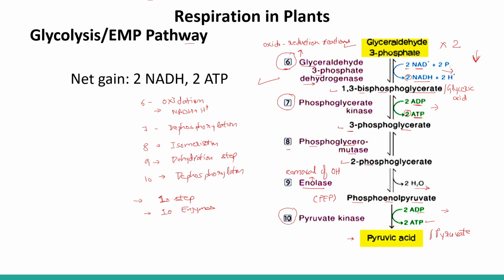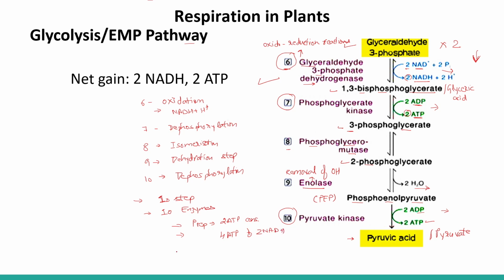Now let's talk about the net outcome, or the net gain, of glycolysis. We know that in the preparatory phase, 2 molecules of ATP were consumed. But later on, 4 ATP were produced, as well as 2 NADH molecules.